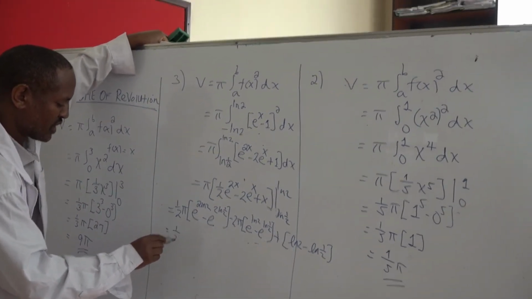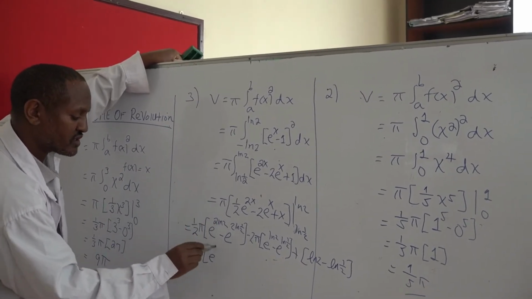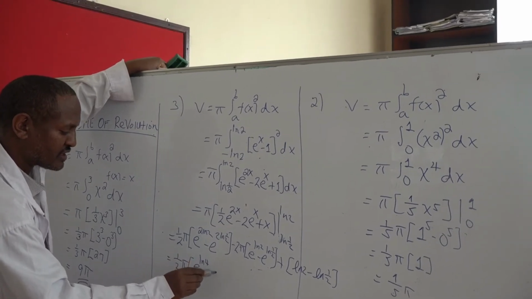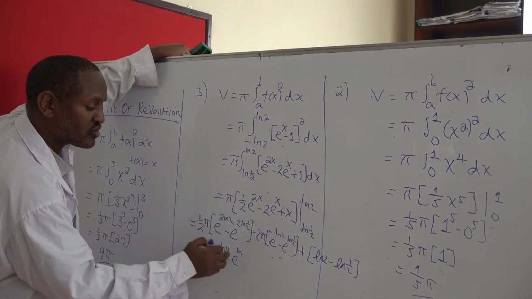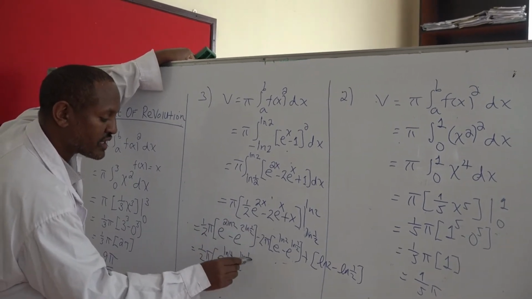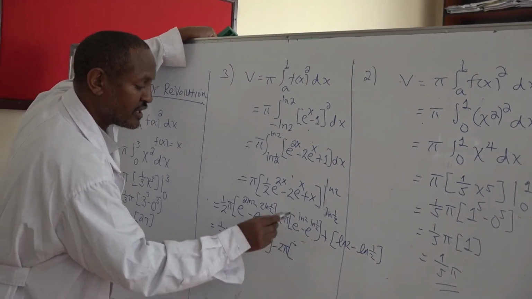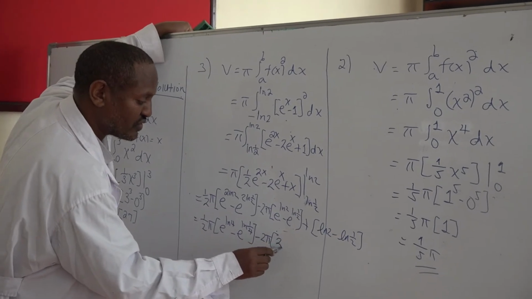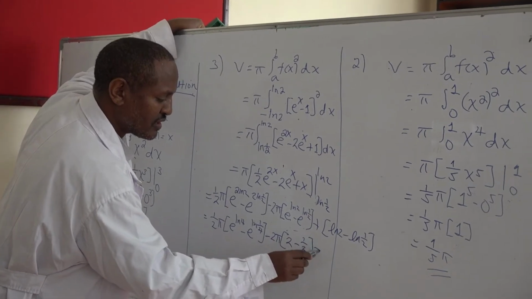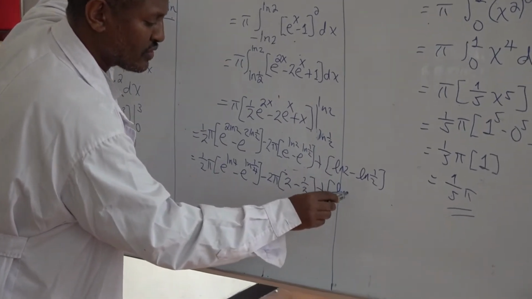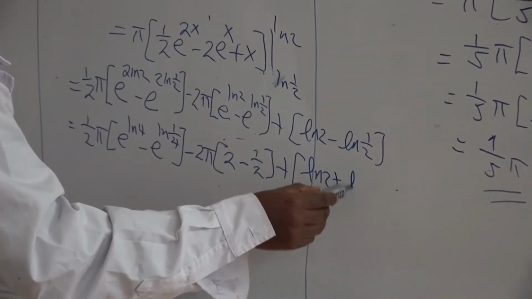And that is 1 over 2 pi, e power 2 ln 2 means e power ln 4, minus e power 2 ln of 1 over 2, which is ln of 1 over 2 squared, that is ln of 1 over 4, minus 2 pi, e power ln 2 is nothing but 2, minus e power ln of 1 over 2 is 1 over 2, plus ln 2 minus ln of 1 over 2 is nothing but plus 2 ln 2.